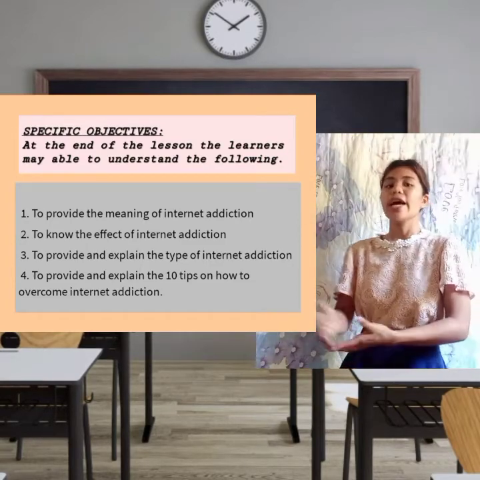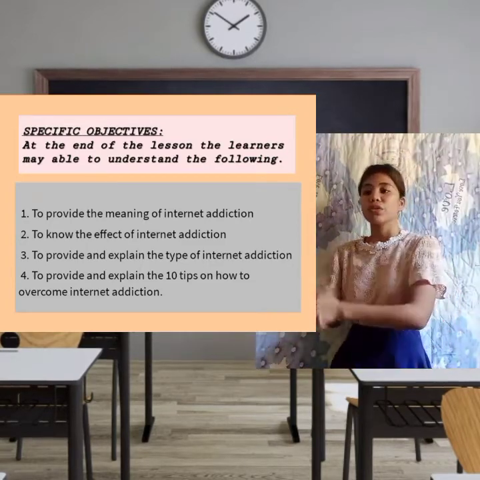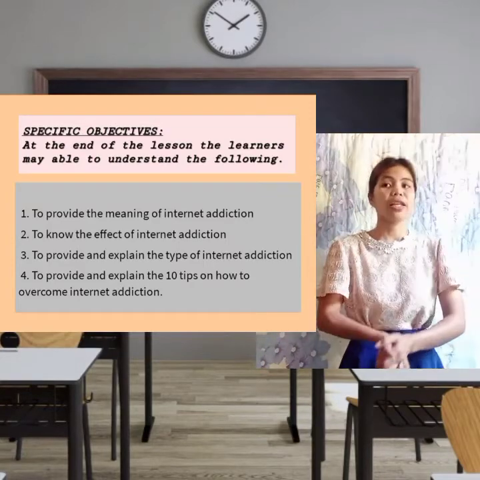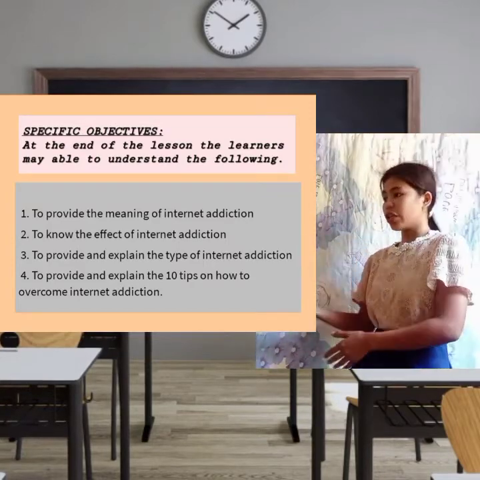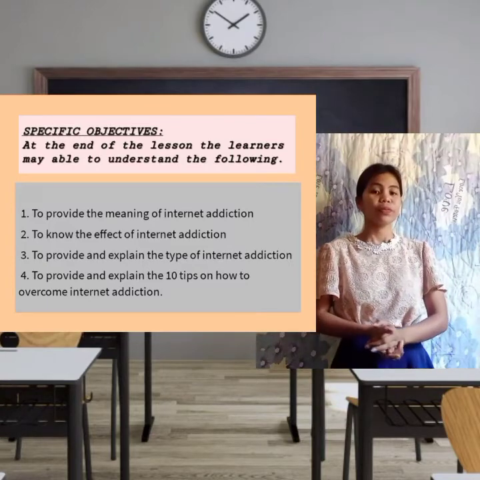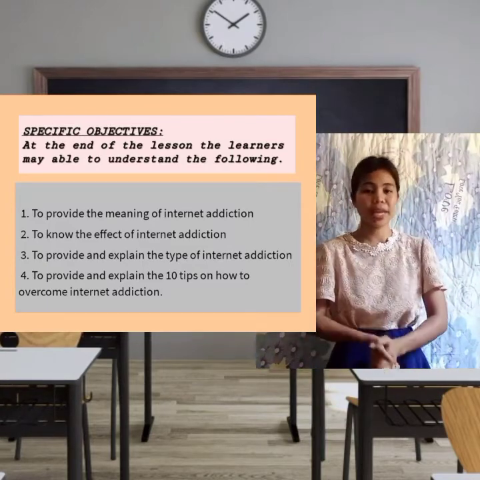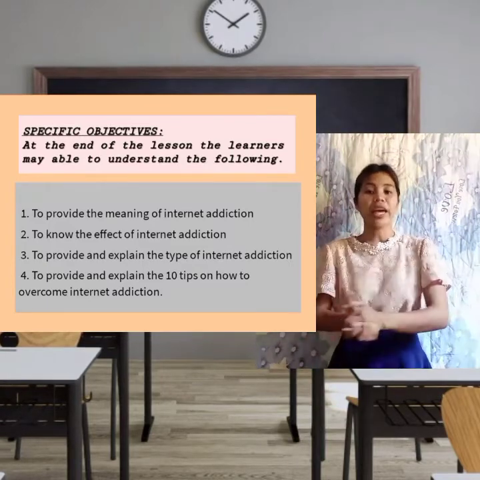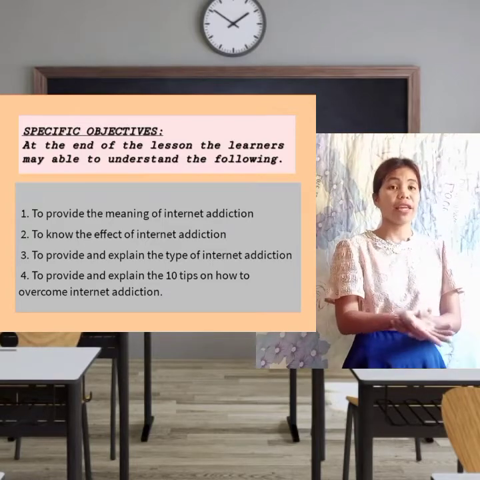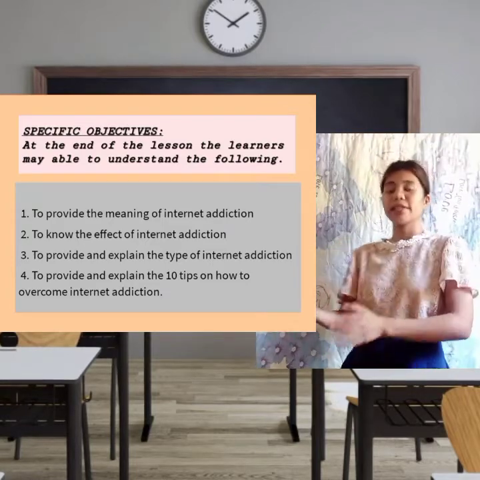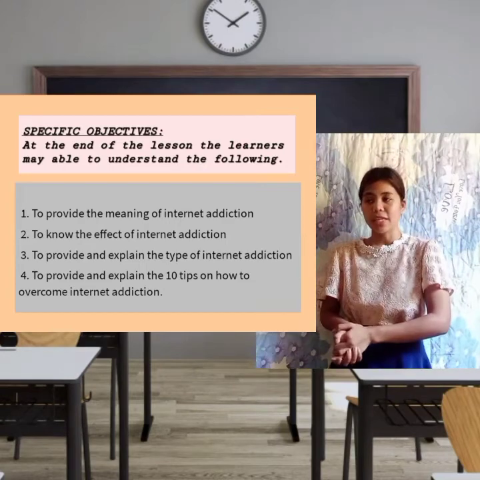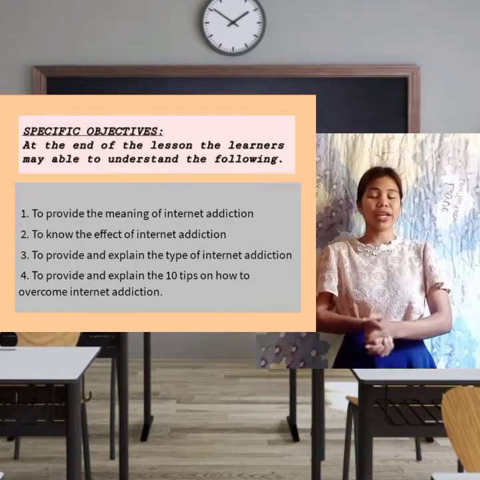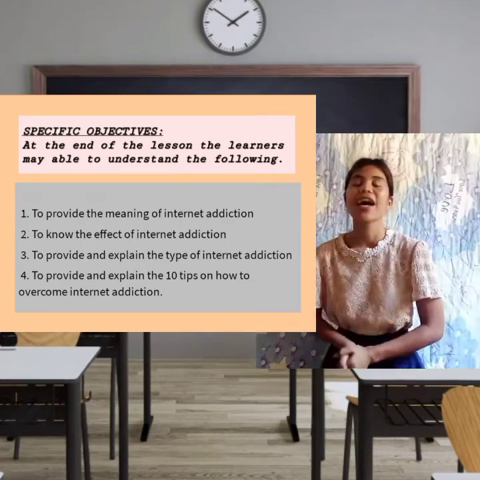The next one is to know the effects of internet addiction, and the third one is to give and explain the types of internet addiction, and the last is to provide and explain the 10 tips on how to overcome internet addiction.